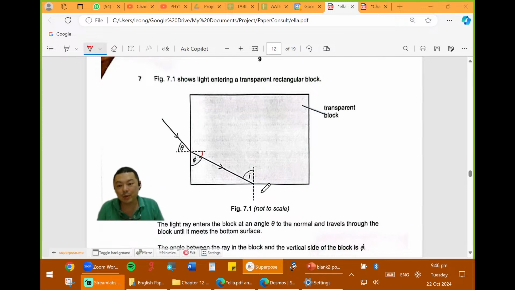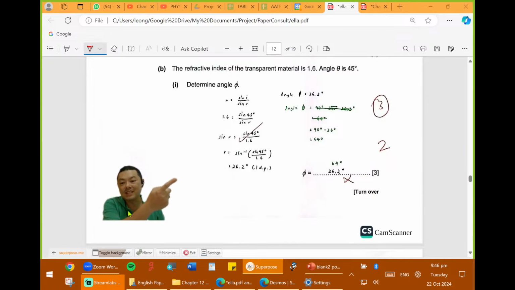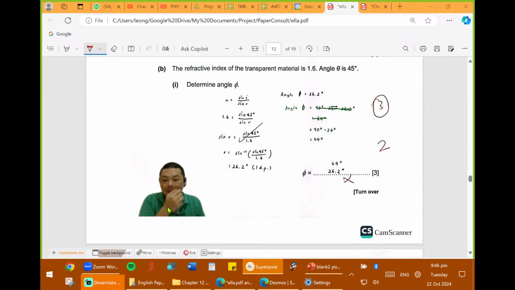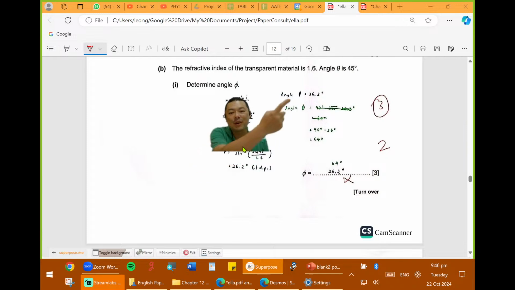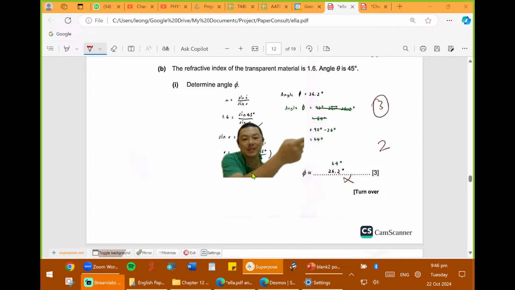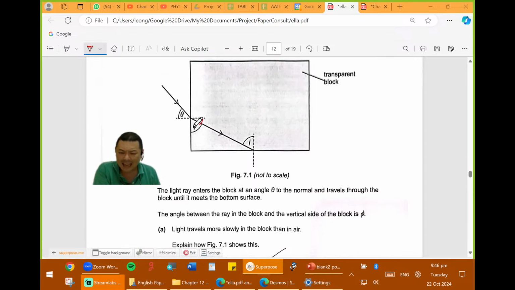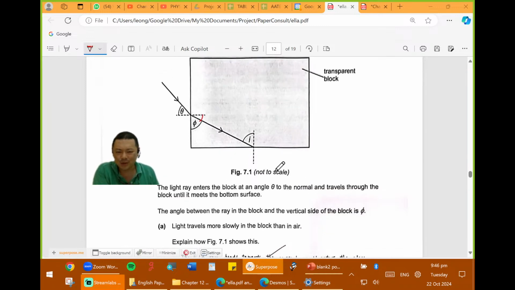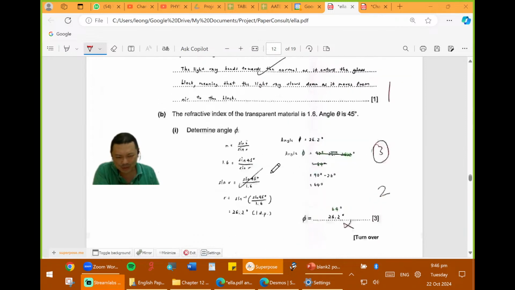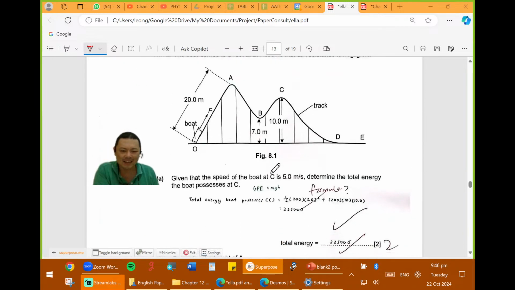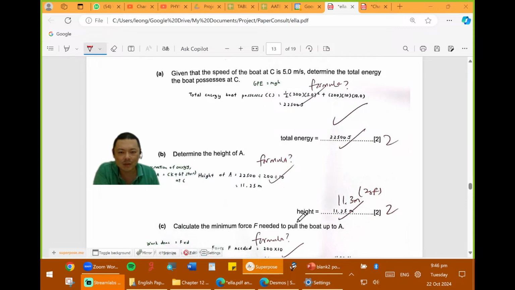The worst thing is that you did all the physics things correctly, but then you gave the wrong angle. That's all. Angle to the normal. Every time we calculate, it's angle to the normal. Don't be too irrationally afraid of light. You actually got it all right.